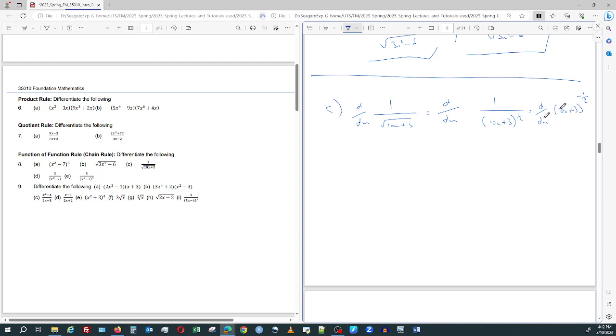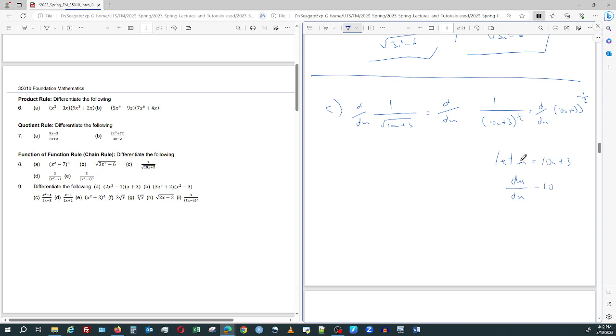Now we're ready. So that's the one we're going to do. So let u equal 10x plus 3. The du dx on the way to the chain rule, we can do it. It's 10.